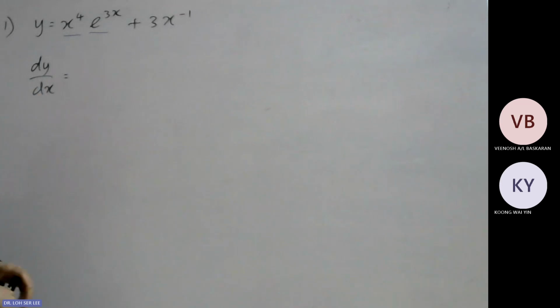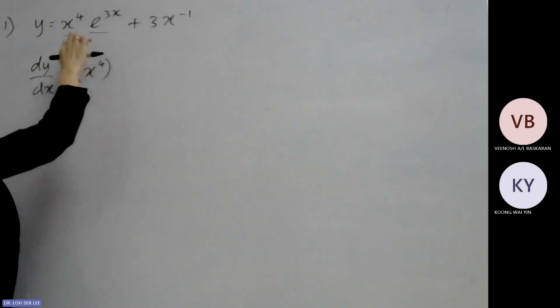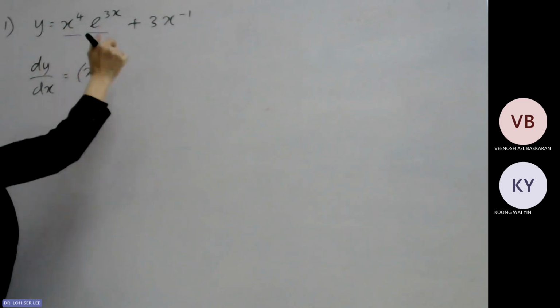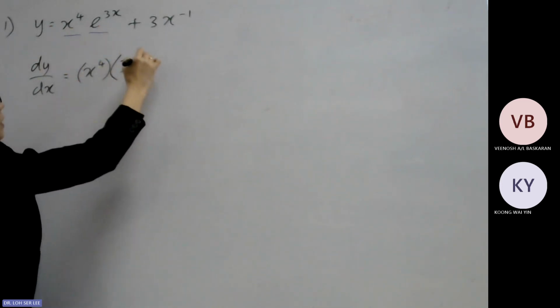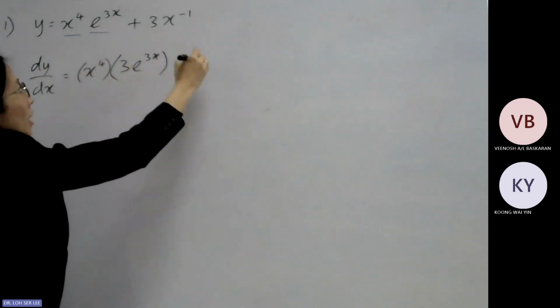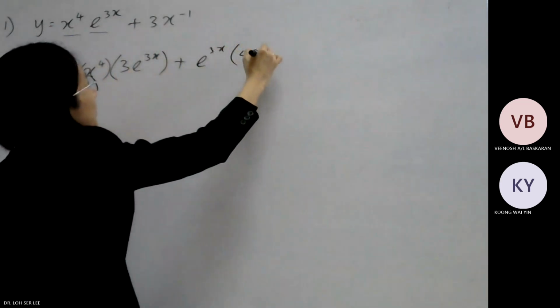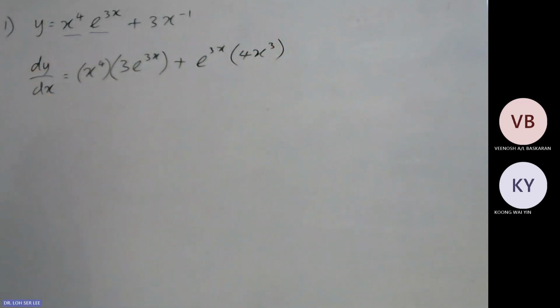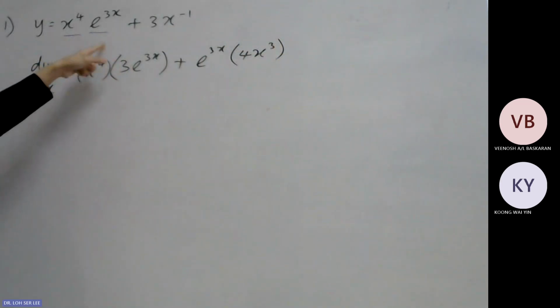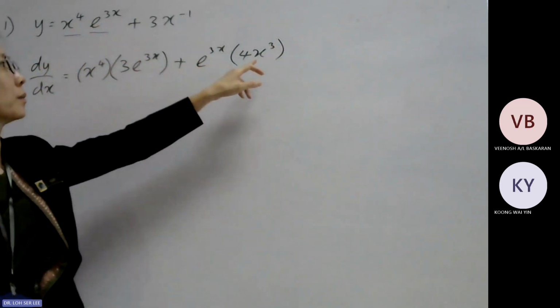Product rule: let's say I copy the first term u, and then I differentiate this. So I get 3e^(3x). Plus, now I copy this one, and I differentiate this. This is product rule: copy, differentiate, plus copy now this one, differentiate this one.